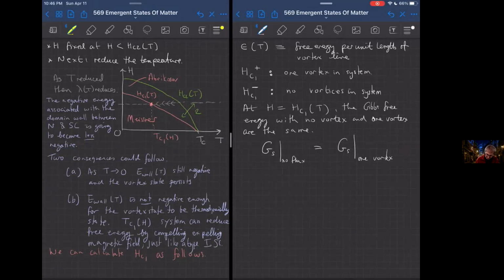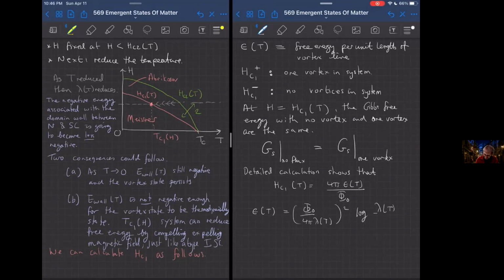A detailed calculation shows that HC1 of T is equal to 4 pi epsilon of T over phi naught, and epsilon of T is equal to phi naught over 4 pi lambda of T, all squared, times the log of lambda of T over xi of T.